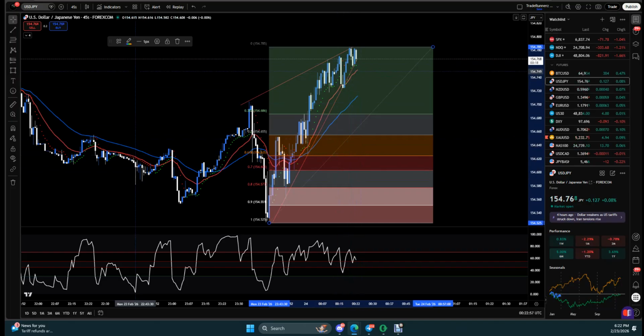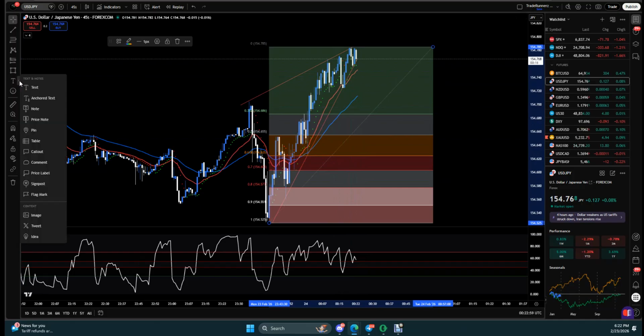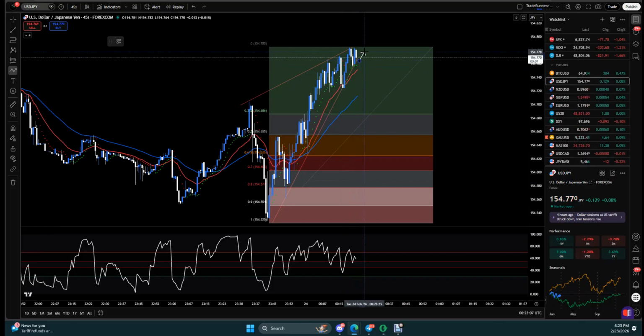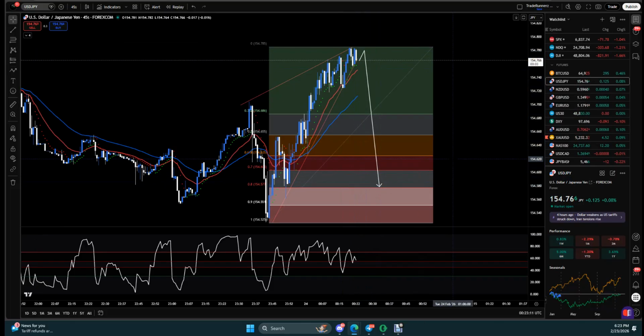Say you want to buy the market when it gets down to the 80%, right? So this is called a buy limit. It's only gonna buy when it gets to the place that you set the trade up for.